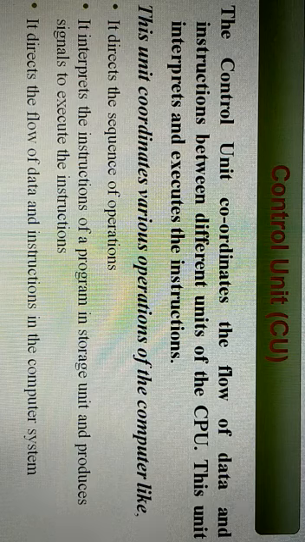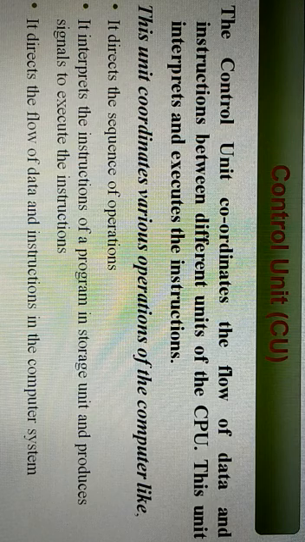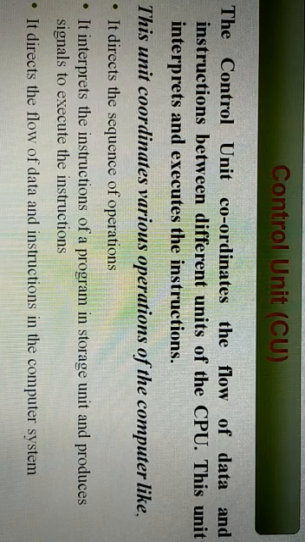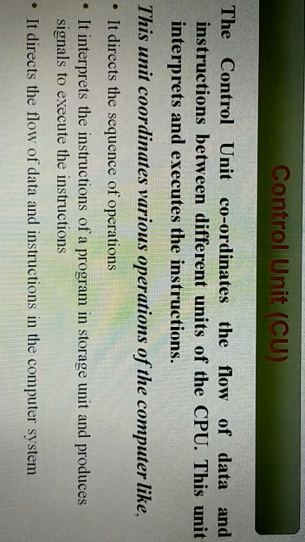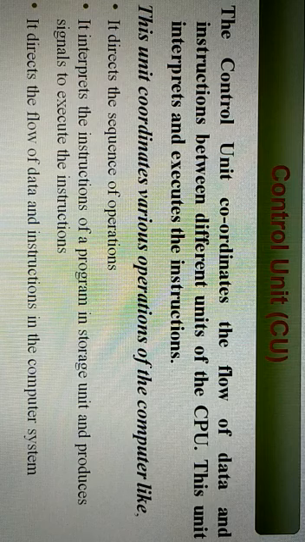Next, it interprets the instructions of a program in a storage unit and produces signals to execute the instructions. It means the user gives their command in their own language, but the computer understands only binary language, meaning it carries out any processing by the flow of electrons, that is zeros and ones.